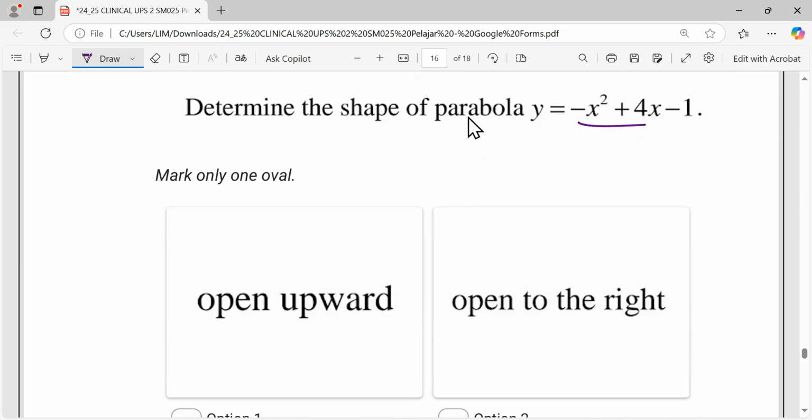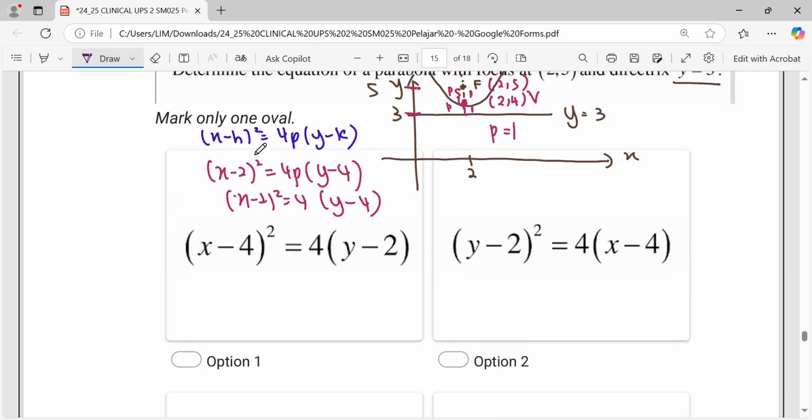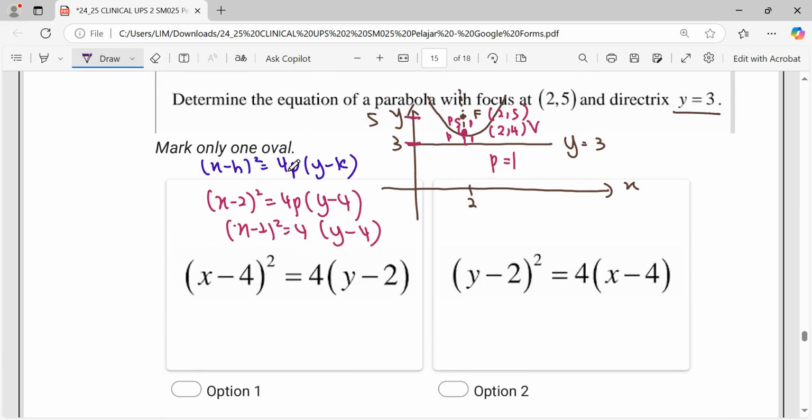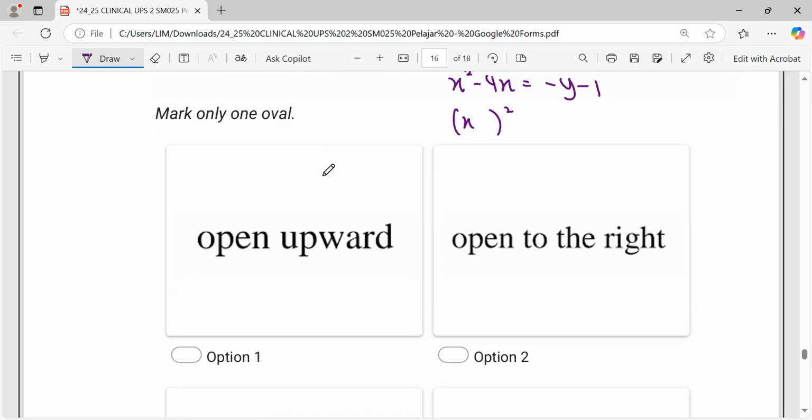Therefore, we rearrange. So x squared minus 4x equals, we move this y to the right hand side, negative y, negative 1. And then we try completing the square, so that we have this standard form: x minus h squared equals 4p times y minus a value.